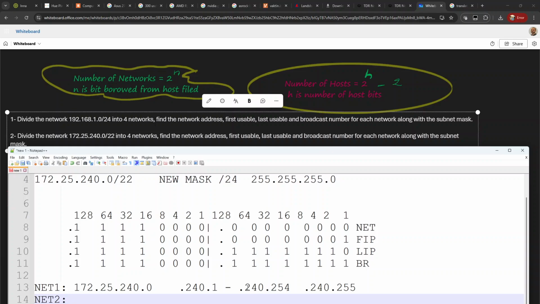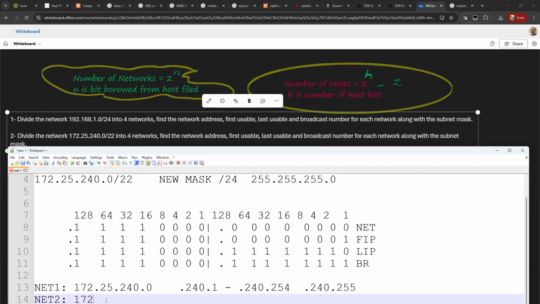Okay? Net number 2. For net number 2, using the magic number, as you can see here, the magic number tells us it's 1. So our increment will always go with 1. And notice the 1 is at the third octet, not at the fourth octet. So we are going to increment 240 with 1.